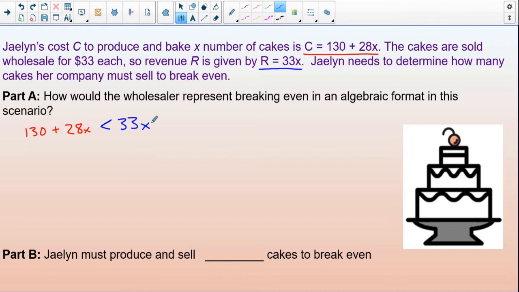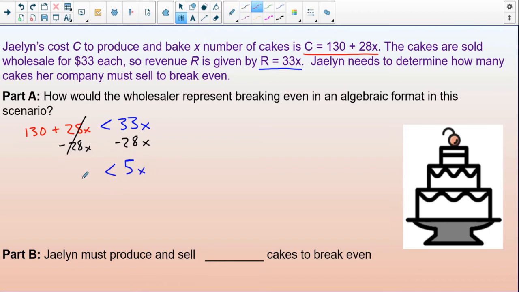The first thing I can do is subtract. Let's go ahead and subtract this 28x over to the other side, right? To cancel these out, we're going to move that over. So 33x minus 28x, there we go. That's going to give us 5x. So just bringing down the less than symbol.